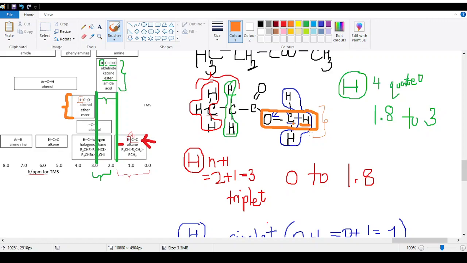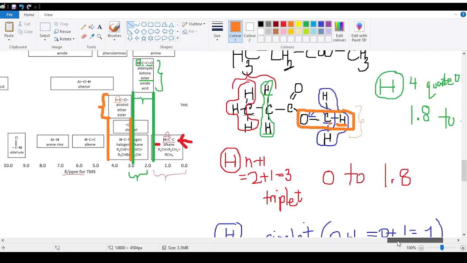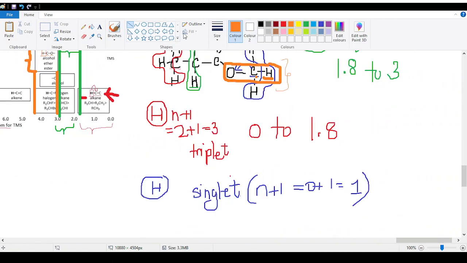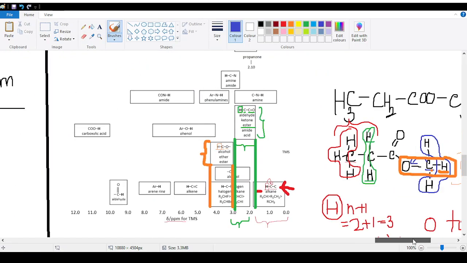Hydrogen, carbon, oxygen. So if I were to choose the value according to this table, from a bit higher than 3, let's say 3.1 to 4.2, maybe 4.3, something like that. Do we agree or not? Remember, these are all approximations, so you don't have to be exactly accurate in the question paper either. You can just give a good approximation, 4.2. So these are all chemical shift values. Is that fine?